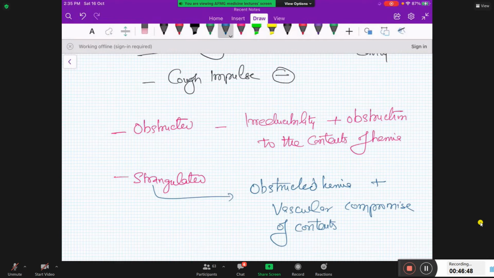Obstruction with a vascular compromise of the content is strangulation.